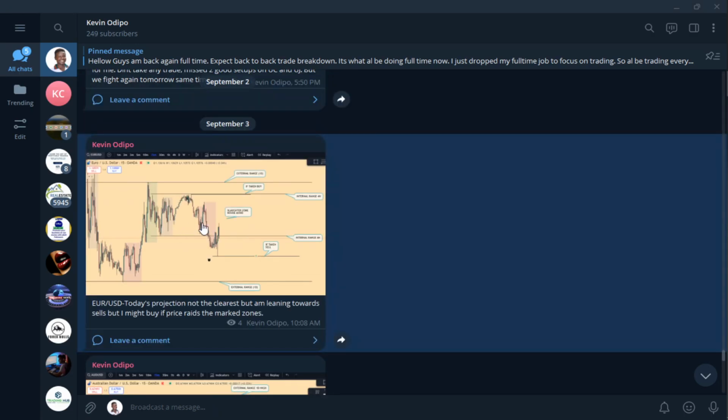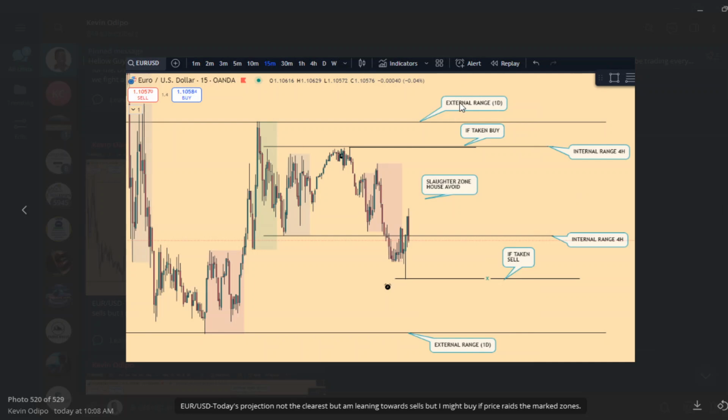Let me check this. So here is the trade. External range marked in a day, that is range high, range low, slaughterhouse zone, avoid. If taken, sells. Internal range 4 hours was already taken, so I was just waiting for the second low to be confirmed. So internal range 4 hours, this is how I mark it.